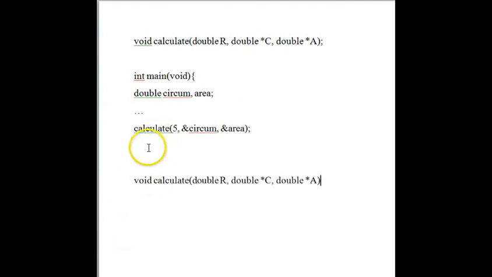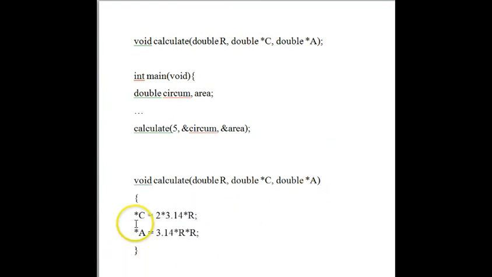A little later on in the file then somewhere is going to be the actual function definition. So here we have void calculate, double R, double star C, double star A. Notice that that looks exactly like the prototype up here, except there's no semicolon at the end.